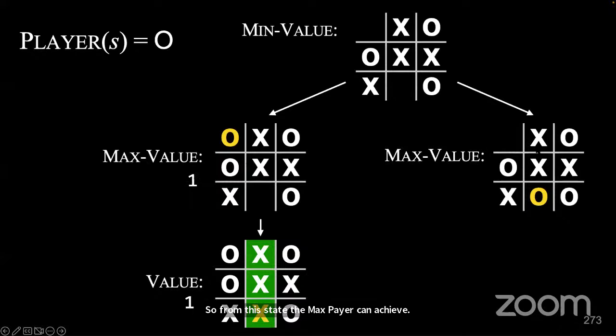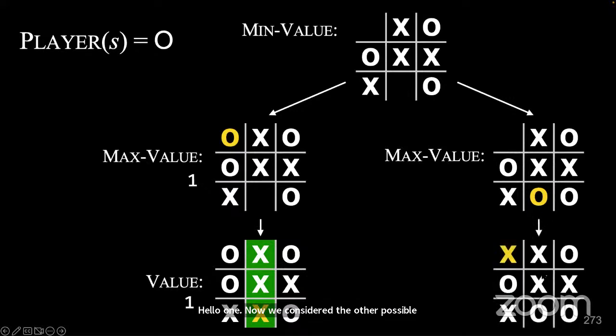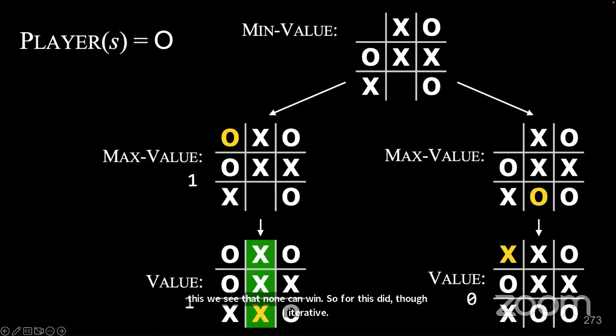Now we consider the other possible game playing of the maximizing player. From this, we see that none can win. So for this state, the utility value is 0. That means from this state, the max player can get 0. So now we return to the main player.